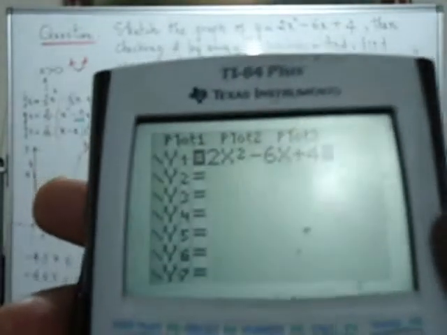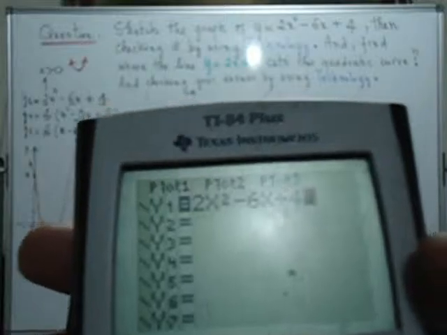You see it? 2x squared minus 6x plus 4. Now we graph right here.